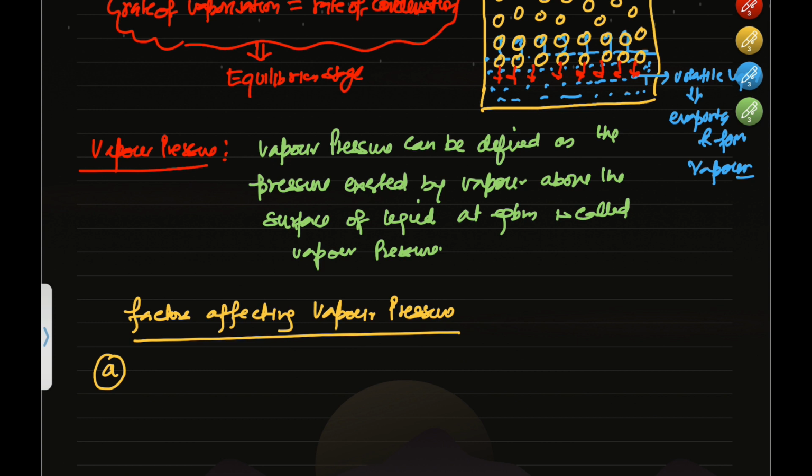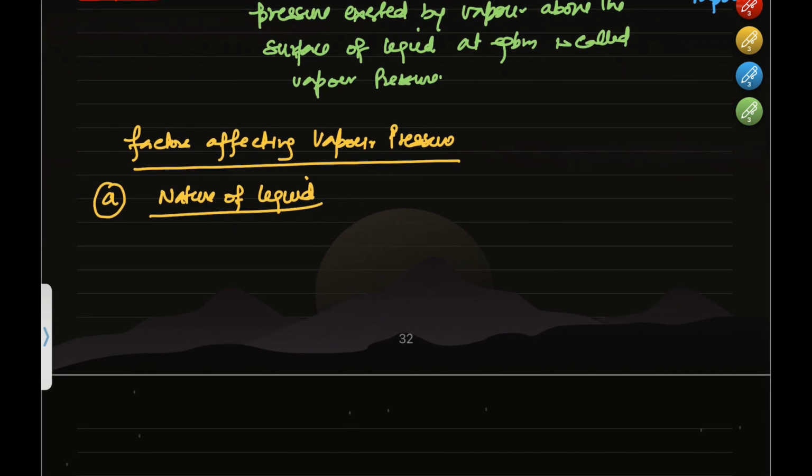Factor A is the nature of the liquid itself.